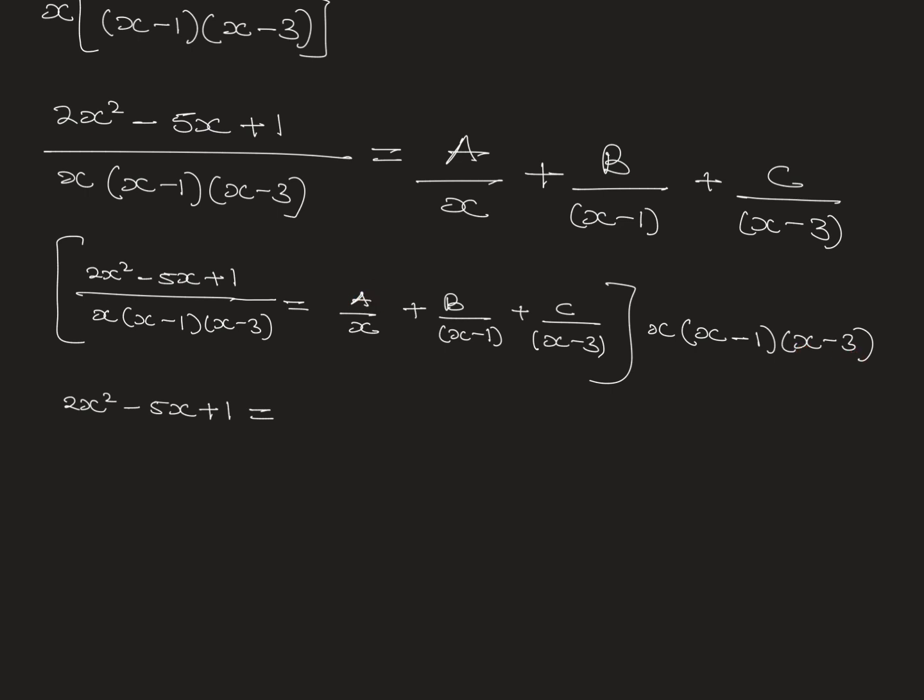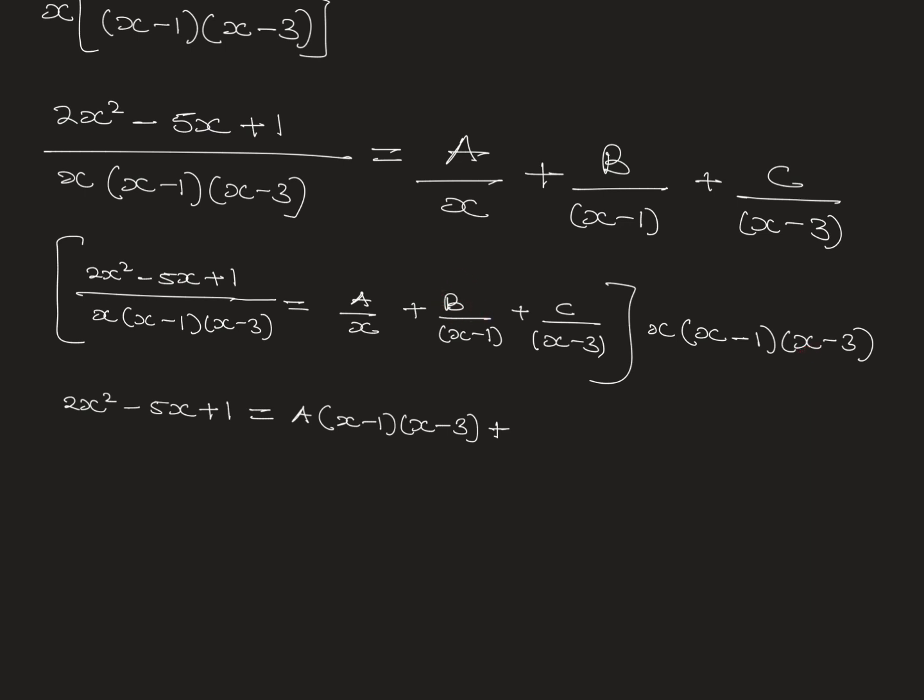and that will be multiplied by a. So we're going to have a into x minus 1, x minus 3, plus, if this x minus 1 goes into the whole of this, the x minus 1 will cancel out. So we are only going to be left with x and x minus 3, which will be multiplied by b.